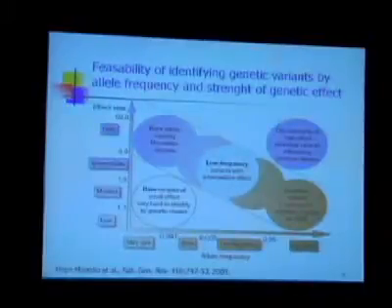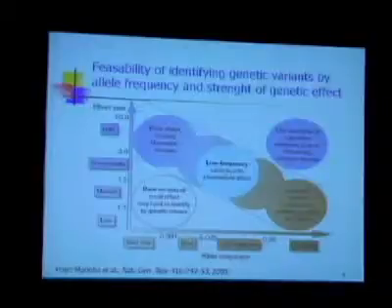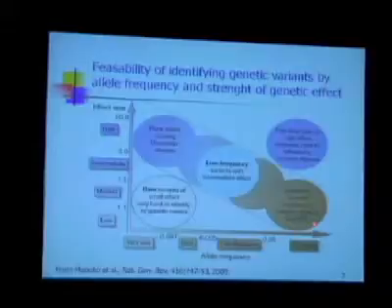This slide presents the inverse relationship that we can see between the allele frequency of a variant and the effect size of the variant. The more common the variant, like here, this is typically what we are looking at in genome-wide association study. Generally, the effect size is very low, and this is basically what we are targeting in genome-wide association study.